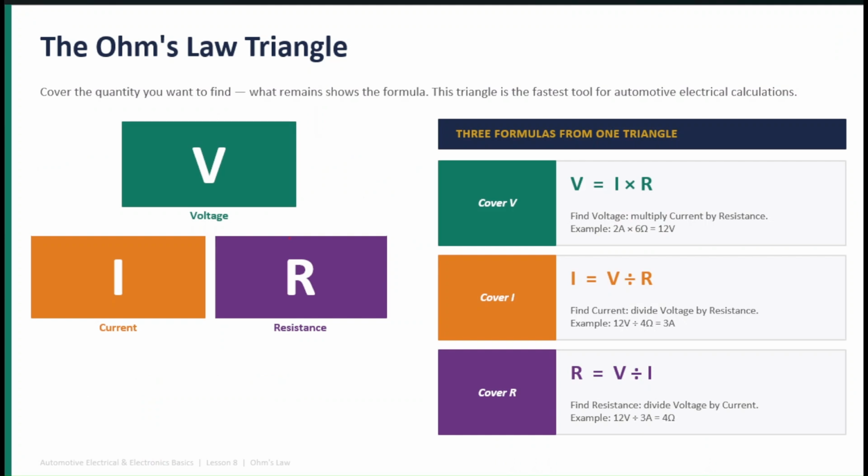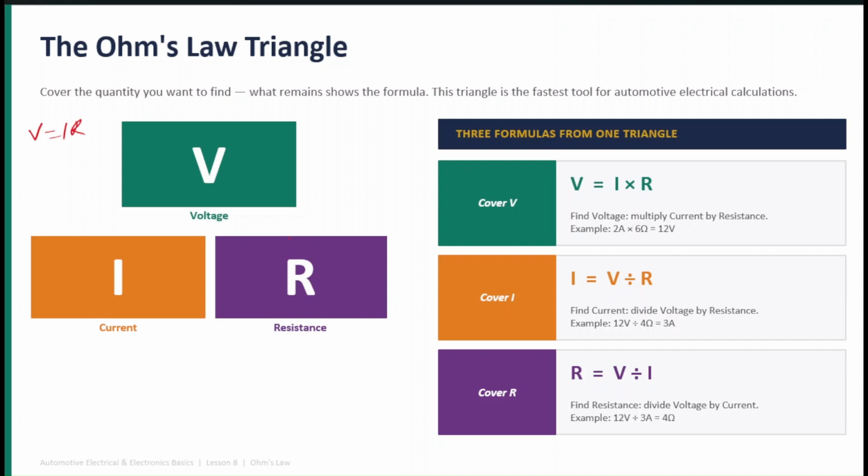To learn Ohm's law easily, there is a magical triangle where we have put voltage on the top and current and resistance below. What is Ohm's law? There is a relation wherein V is equal to IR.